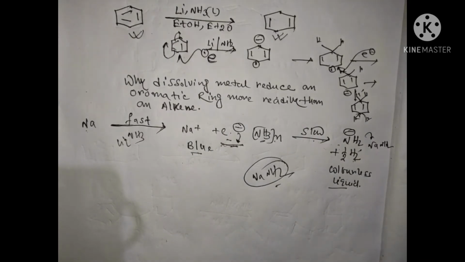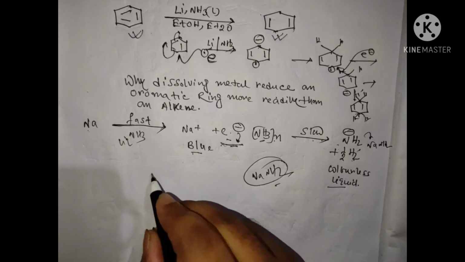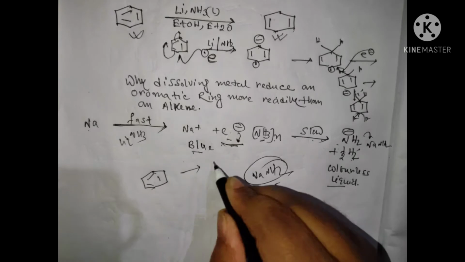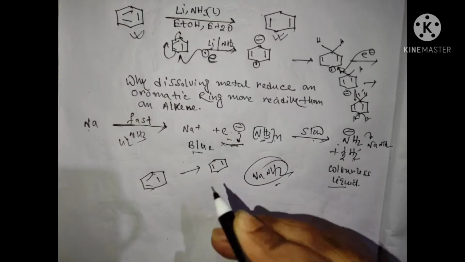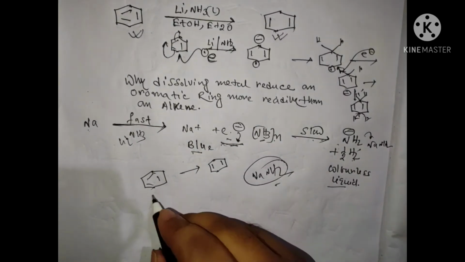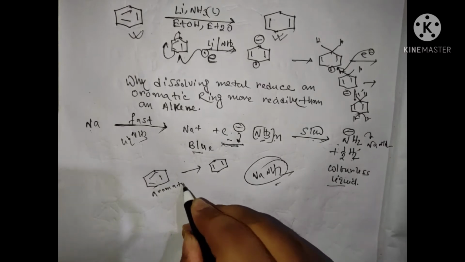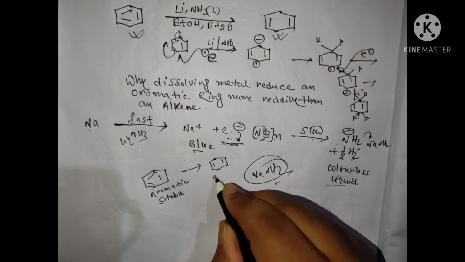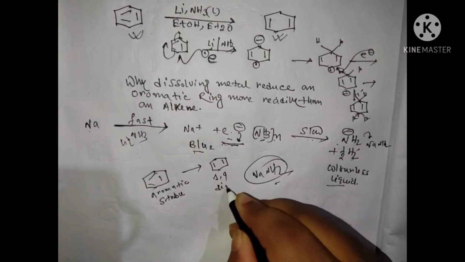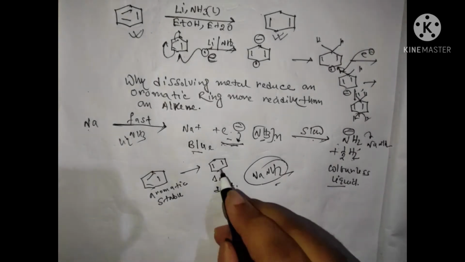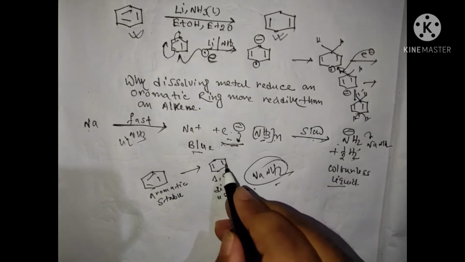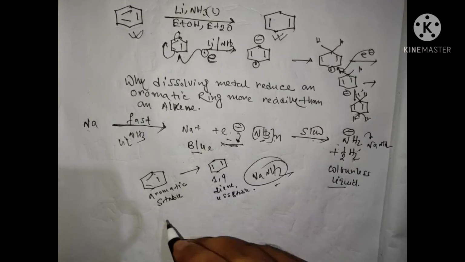Now there are some general questions. This is benzene, and it is transformed to this non-conjugated diene. Benzene is aromatic and stable, and it goes to the 1,4-diene, which is less stable because we don't get conjugation or aromaticity here.